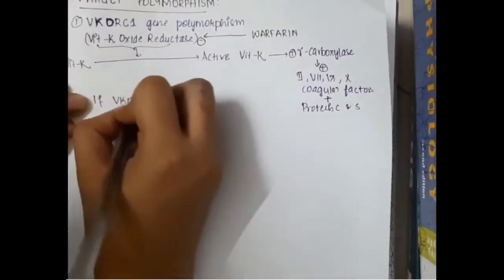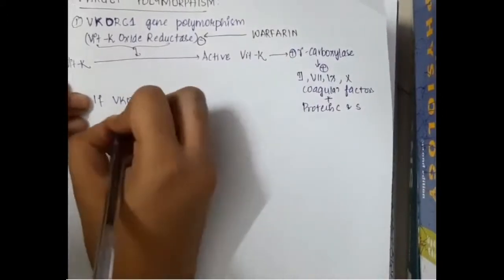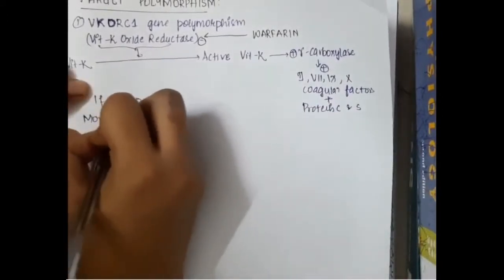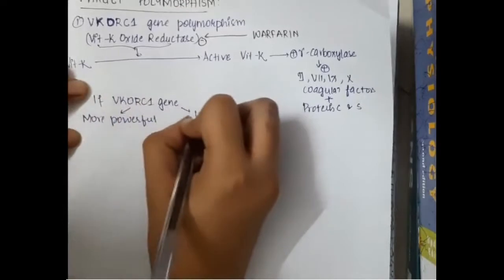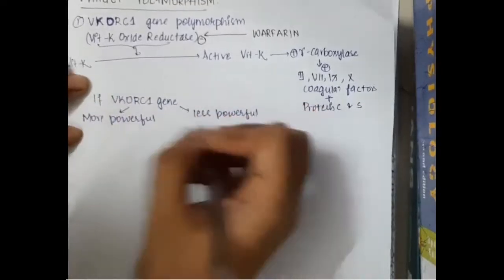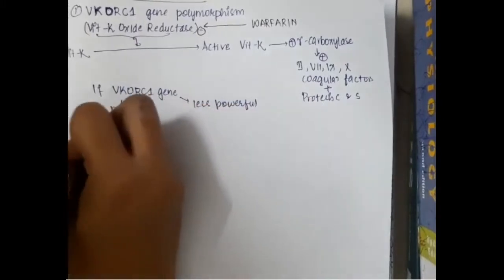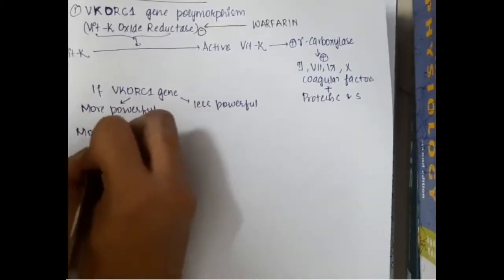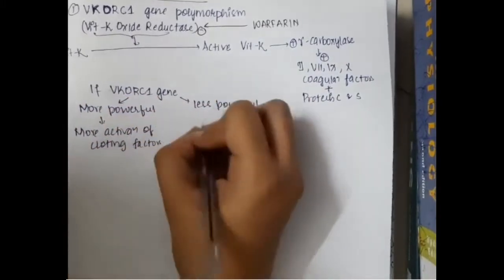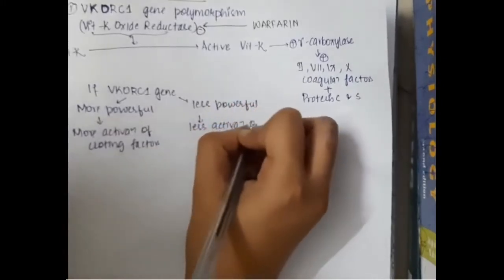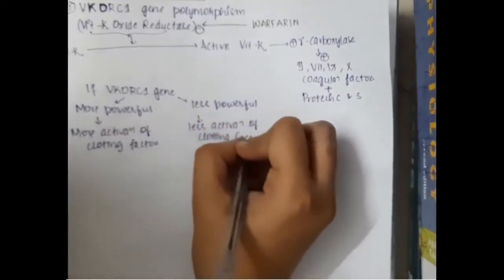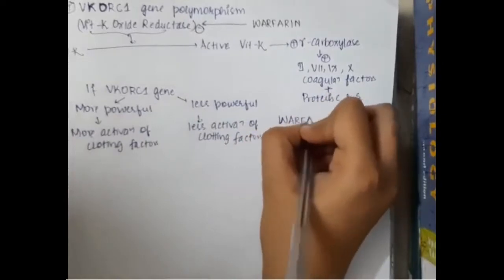If the VKORC1 gene is more powerful, there is more conversion of vitamin K to active vitamin K, more carboxylation and more activation of coagulation factors. If it is less powerful, there is less activation of coagulation factors.